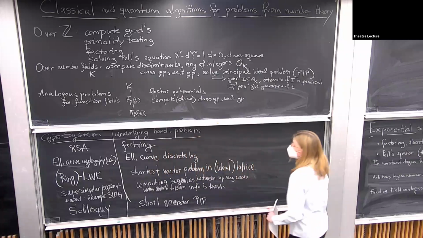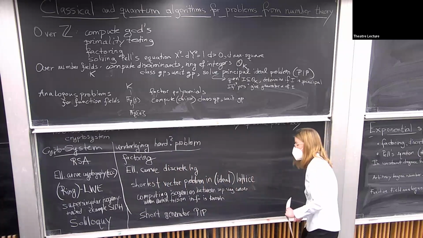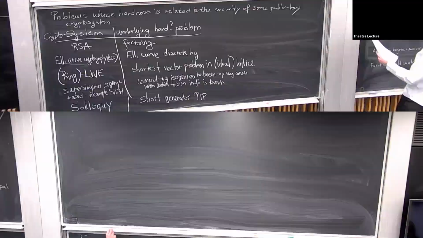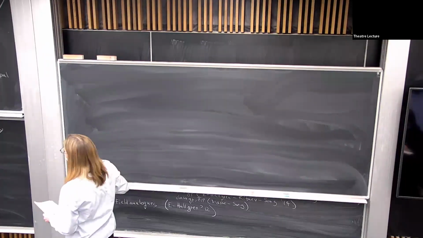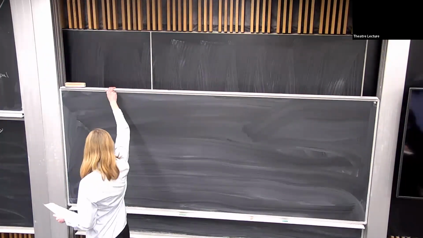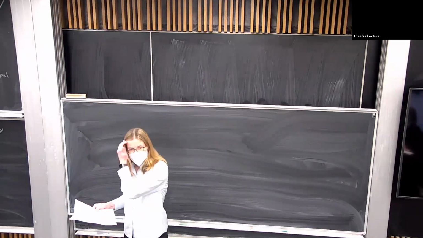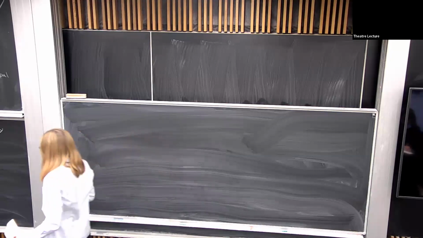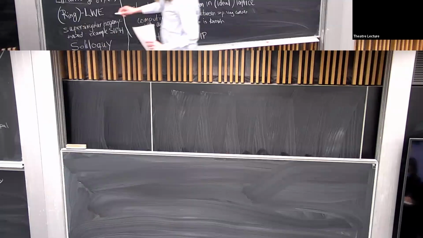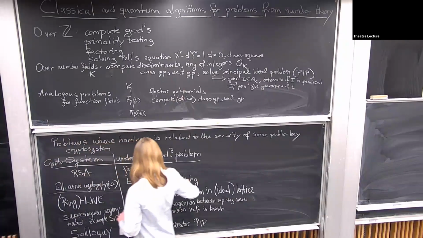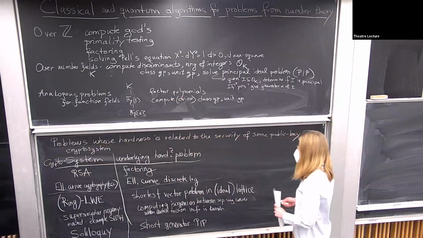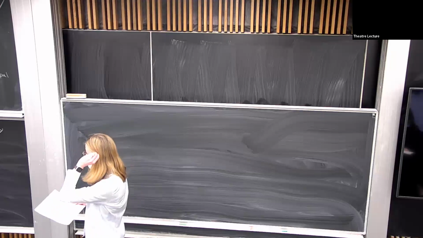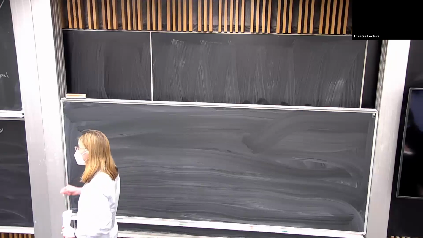So that is some selection of systems and underlying problems. There are others, like McEliece, for example, which are code-based systems. But today, besides the ones that are already broken by quantum computers, I'm just going to look at some lattice systems and at something with the supersingular curves.